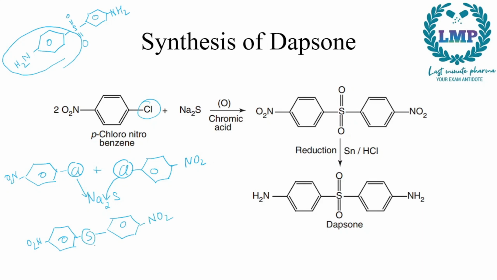Now remember, sulfur has the valency of 2 as well as 6. Now when we add chromic acid, this oxygen will go and attach to the sulfur, giving it a valency of 6 now. After this intermediate is formed, there would be a reduction reaction to convert this NO2 into NH2, and we'll finally get dapsone.